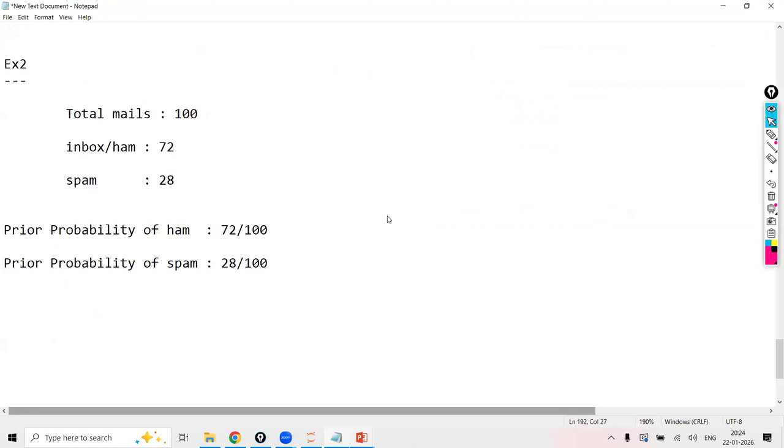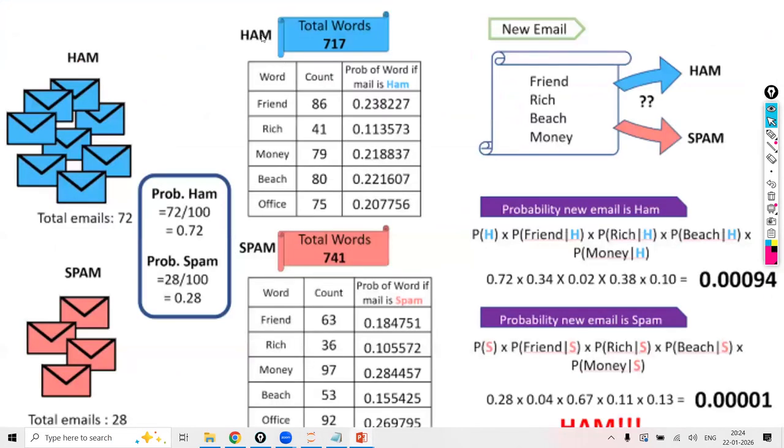Now, within my ham, a total of 717 votes are there. In our account, first it will calculate in total how many votes are there within the ham.